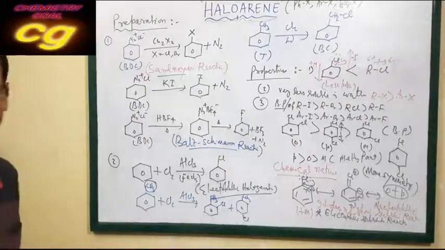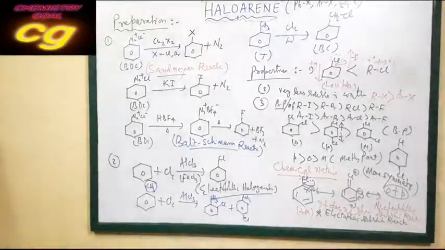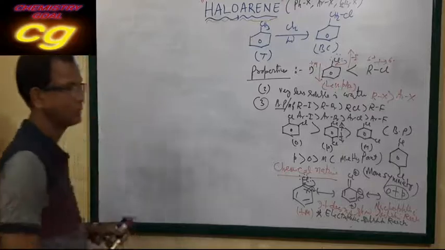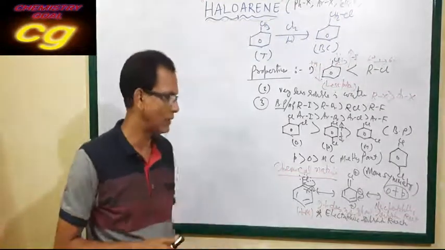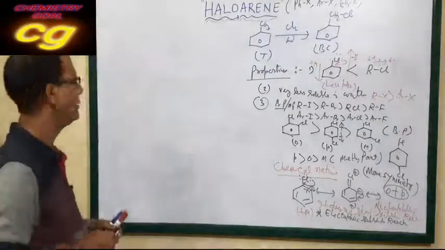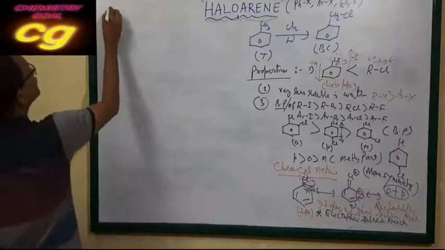Okay, so you write this down quickly, then I will continue. Why does haloarene not react with a nucleophile? Why is the nucleophilic substitution very slow in the case of haloarene? Because there are three factors.